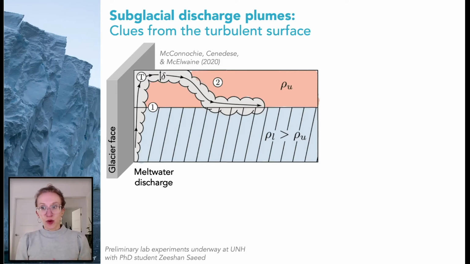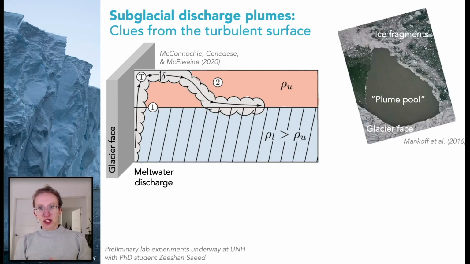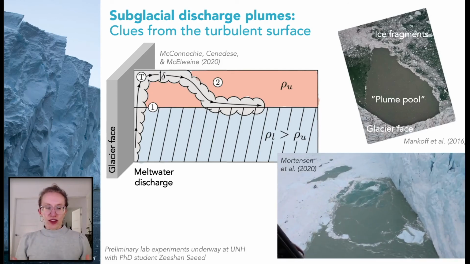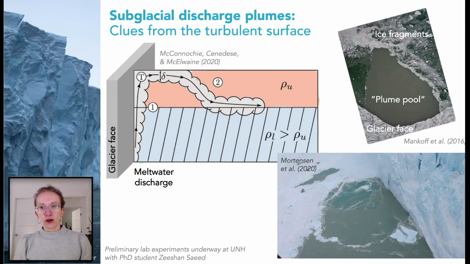We're currently spinning up a project to study this sort of turbulent plume pool that's generated by meltwater discharge that is released at the base of marine terminating glaciers, as shown here. And so if you look from the top, you get this plume pool at the face of the glacier, and it has a distinct shape, and it also shows a great deal of upwelling and this very energetic flow at the water surface.